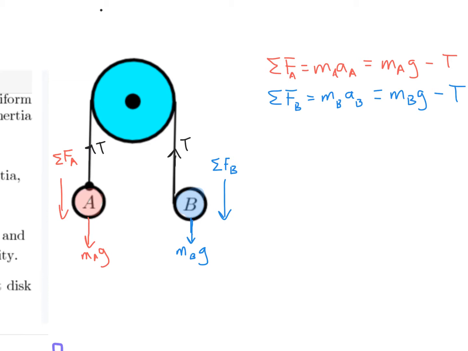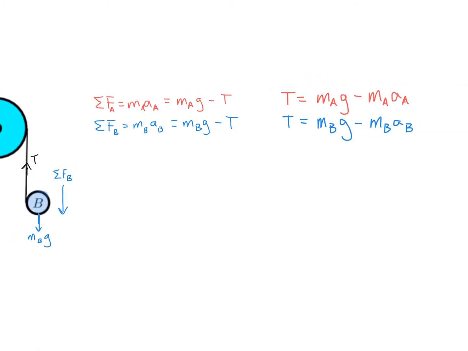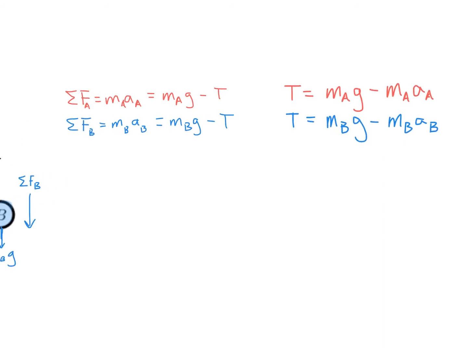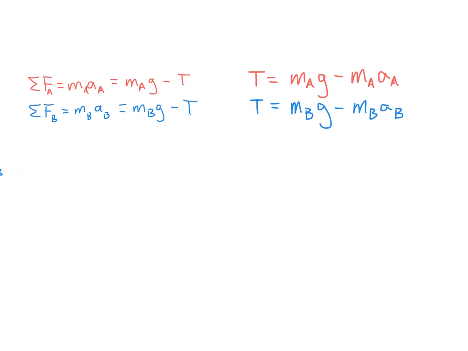So we write down our net force equations for both of our masses, in red for mass A and in blue for mass B. From there, we're going to solve for both of these in terms of T, the tension. So the net force can go away. We'll just move it over, and tension is going to be its weight minus ma.